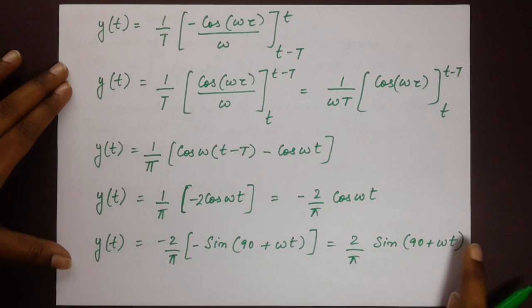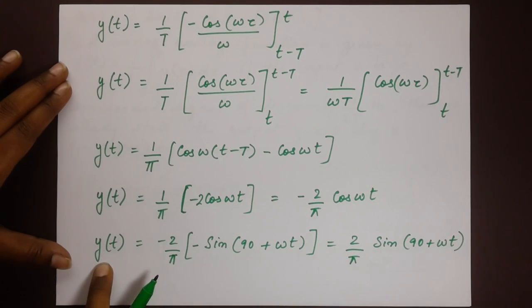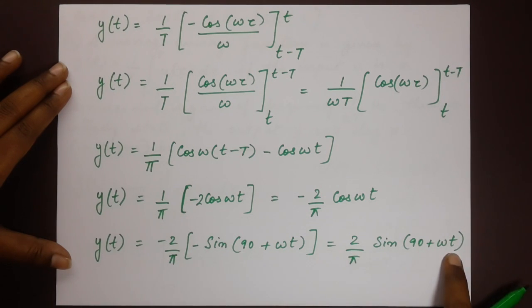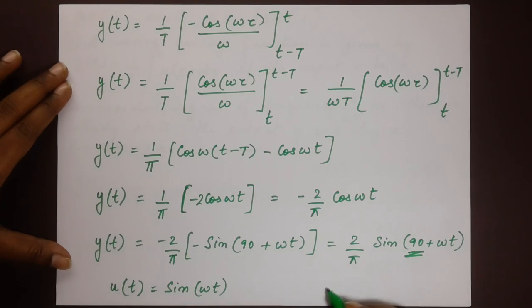Now if we compare the output waveform, y of t is 2 by pi sine of 90 plus omega t. Our input is u of tau or u of t, which is sine omega t. Now we have input sine omega t, output sine of 90 plus omega t, which means that it lags by 90 degrees. So the answer here is 90 degrees.